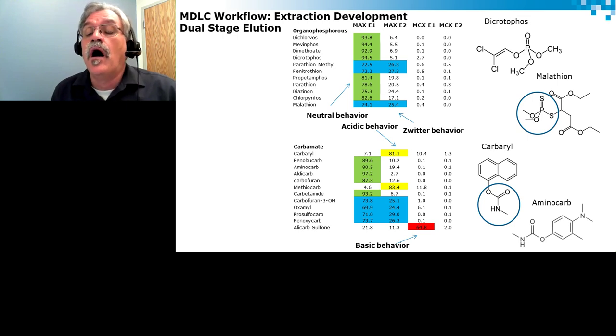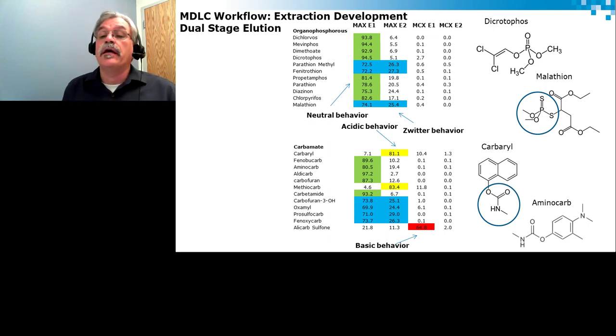On the MAX elution 1, we're talking about the 100% organic with no additive. The MAX2 would be the low pH elution to get everything off the anion exchanger. MCX1 and MCX2 would be the reverse phase of the second dimension to see if there's any breakthrough.